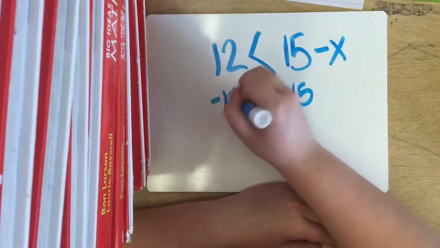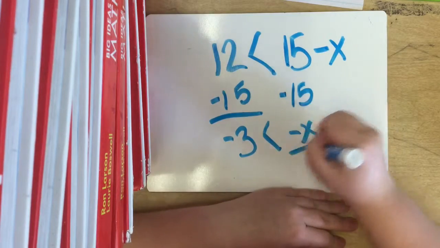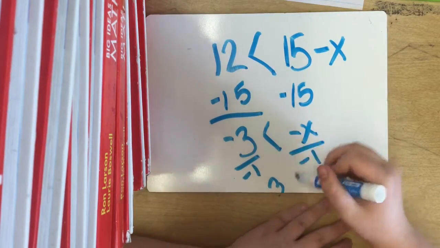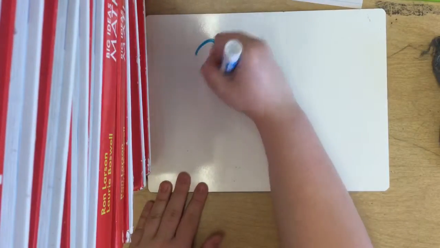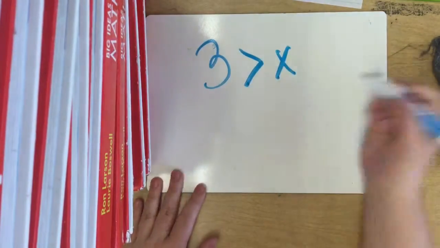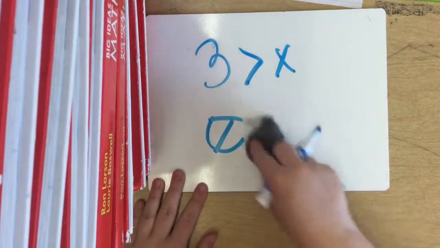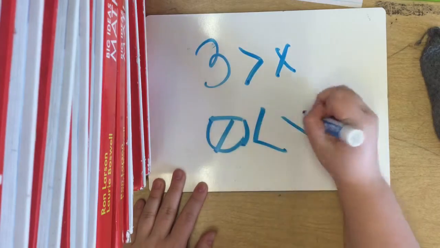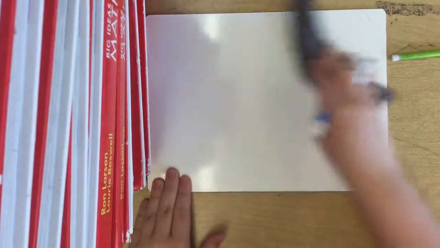Now, we subtract 15 on both sides and end up with negative 3 on the one. And then on the other, we are left with negative x. But since it's negative, we have to divide by negative 1. Our answer is 3 is greater than x. But what about 0? Could it be greater than my yard? No. So 0 has to be less than x, or x has to be greater than 0.